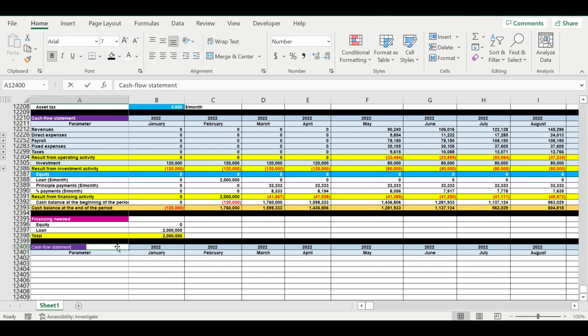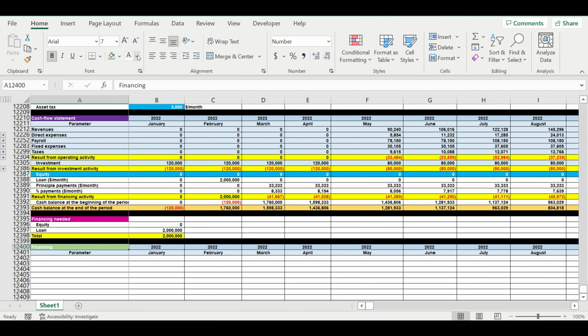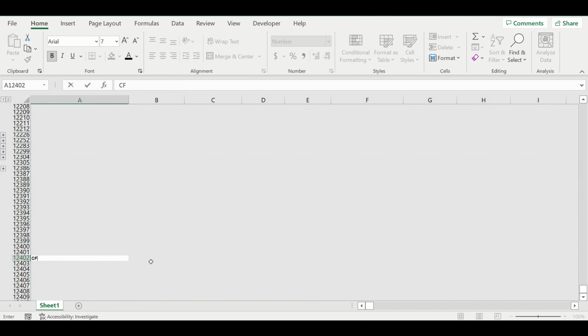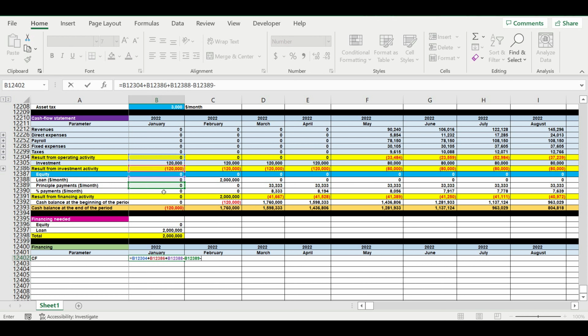Let's call it financing. So what we will do, we will take the result from operating activity plus financing plus loan minus principal payments minus interest payments.